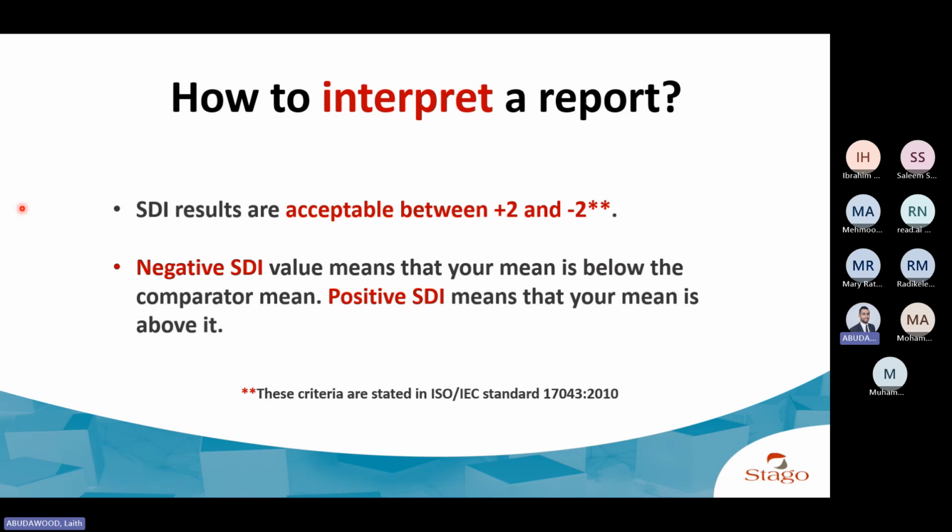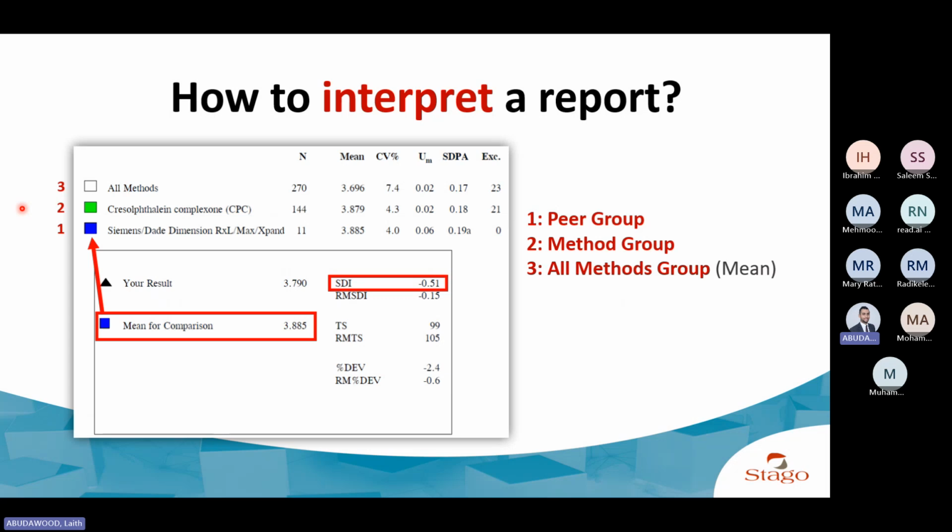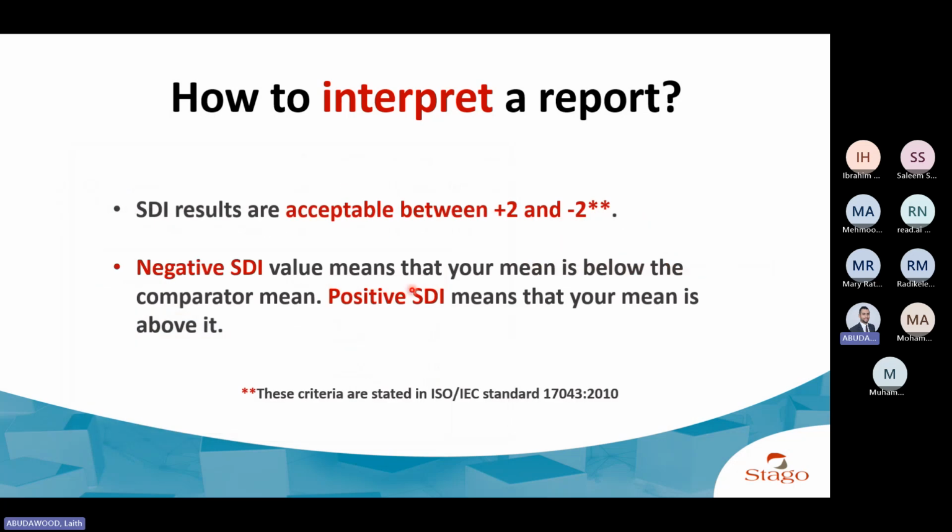Your AQA is acceptable. So for example, if I go to the previous report, the SDI was minus 0.51. Okay, SDI or Z-score is the same thing. So SDI was minus 0.51. Is it within this range, +2 to -2? Yes, your survey is acceptable for this parameter. Done. Finished. Pass.